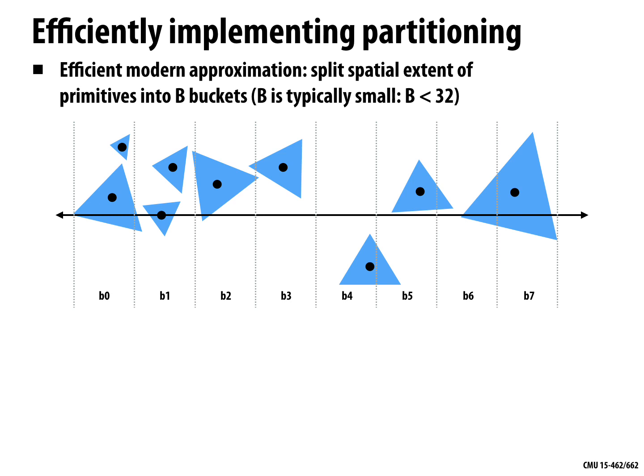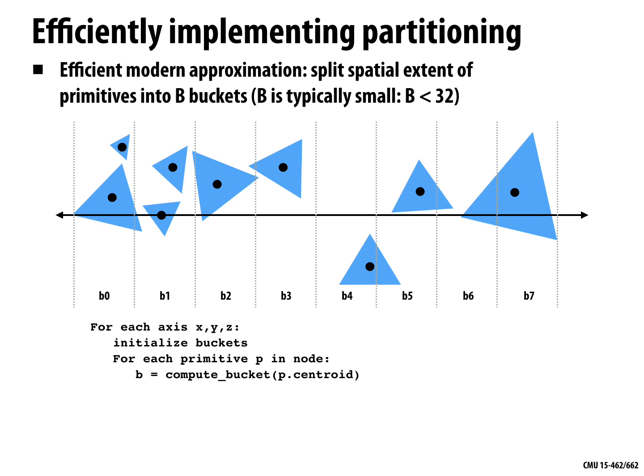Okay? And so then what we do for each axis, x, y, z, we initialize the buckets, right? We just say, okay, initially there are no primitives in any bucket. For each primitive, p, we figure out which bucket it's in. We just say, okay, we take the location of its centroid along the current axis, and we divide it and find the bucket that it's in.